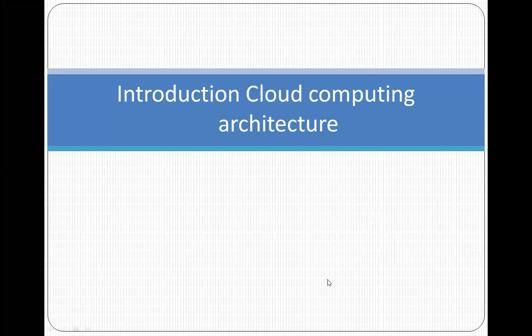We'll discuss how these layers are going to work and what the stakeholders, or actors, are in the cloud computing architecture. We'll discuss those things in detail here. Before that, we'll have a quiz for the previous topic.